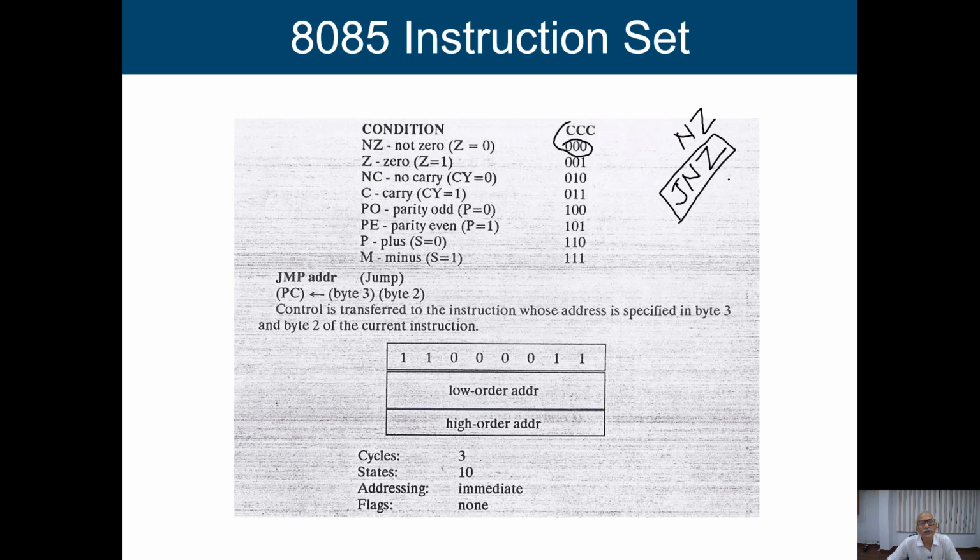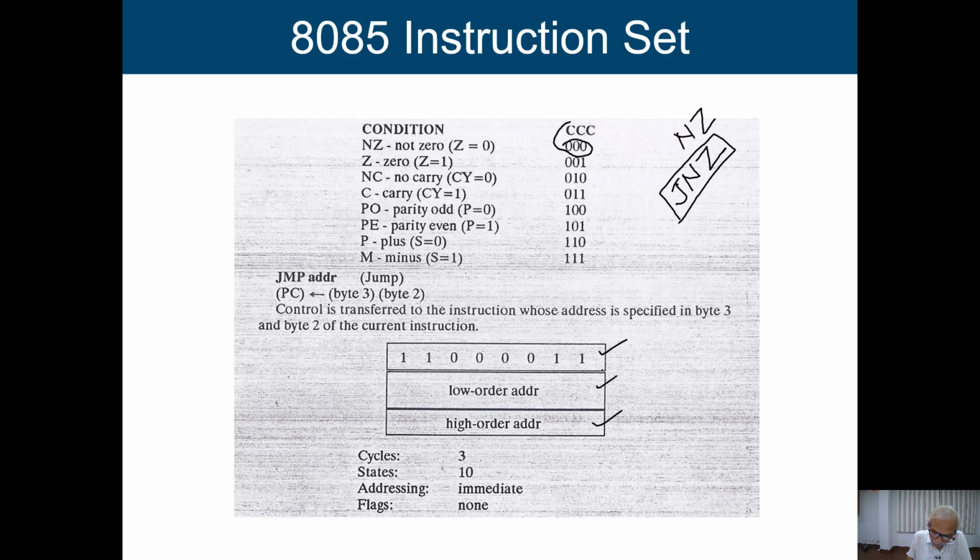In this particular case, what will happen? It is going to check the zero bit, and if the zero bit is 0, then it says that the result is not zero, so you have to jump to some destination address. We have to give the address of a memory location from where we are going to get the next instruction. That's why it is a 3-byte instruction.